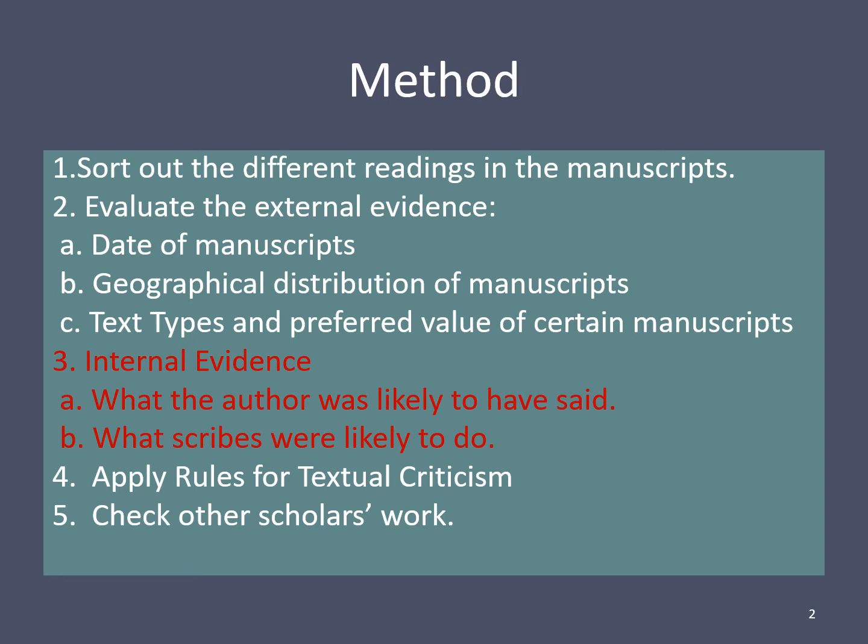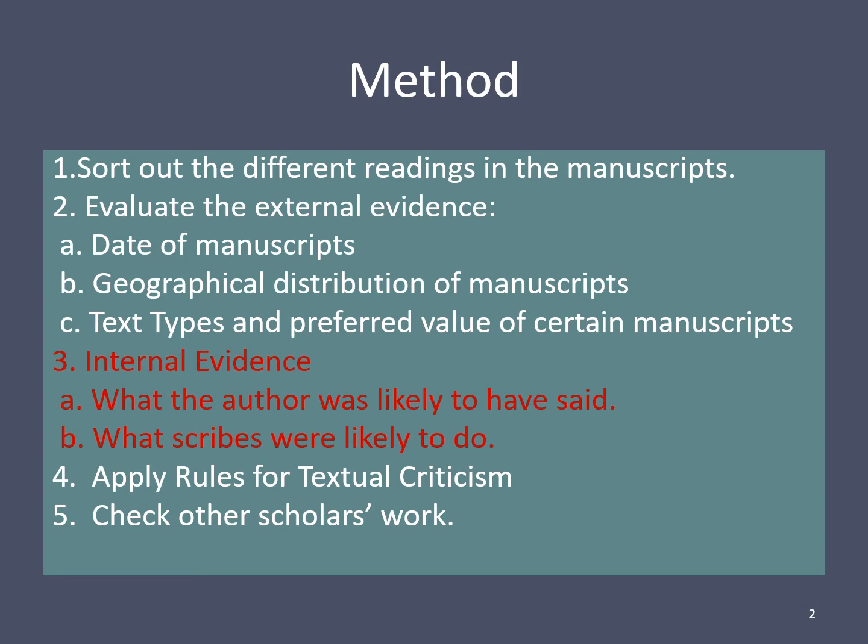What would the author likely have written? What do the scribes tend to do? What are the scribal characteristics that can influence the copying of manuscripts? And there are a lot of possibilities to consider there.